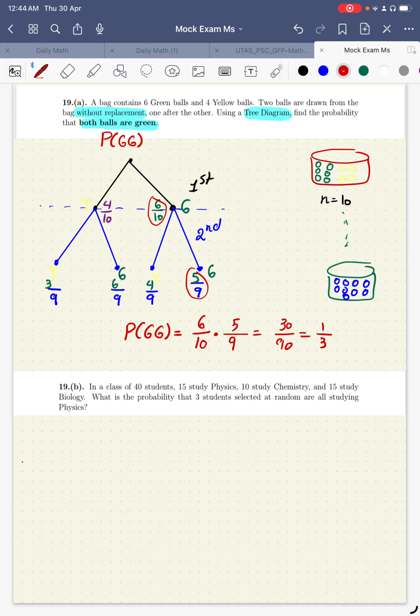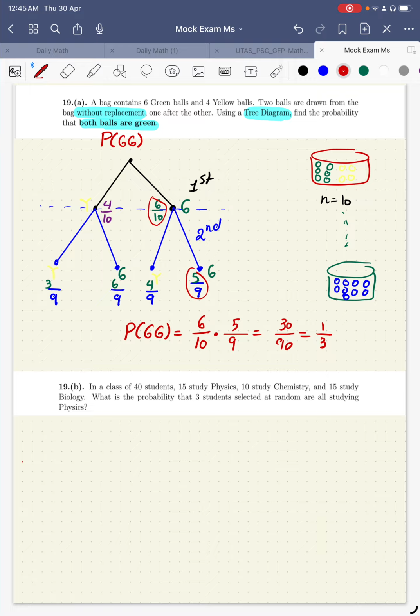So now let's go to the last question of this mock exam, which is 19 part B. This question is a bit tricky because in a class of 40 students, 15 study physics, 10 study chemistry, and 15 study biology. What is the probability that 3 students selected at random are studying physics?